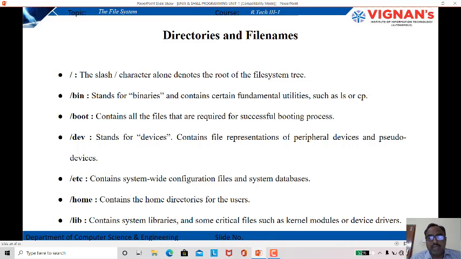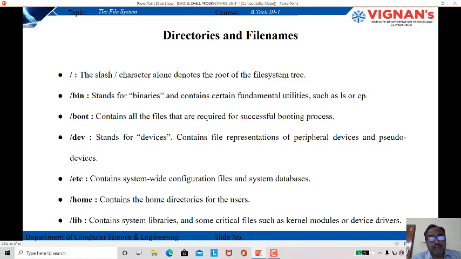It contains the files representing peripheral devices and pseudo devices. Next, etc. It contains system-wide configuration files and system databases. The combination of system configuration files and system databases is known as the etc directory. And next one is home. In most cases it contains the home directories for the users.